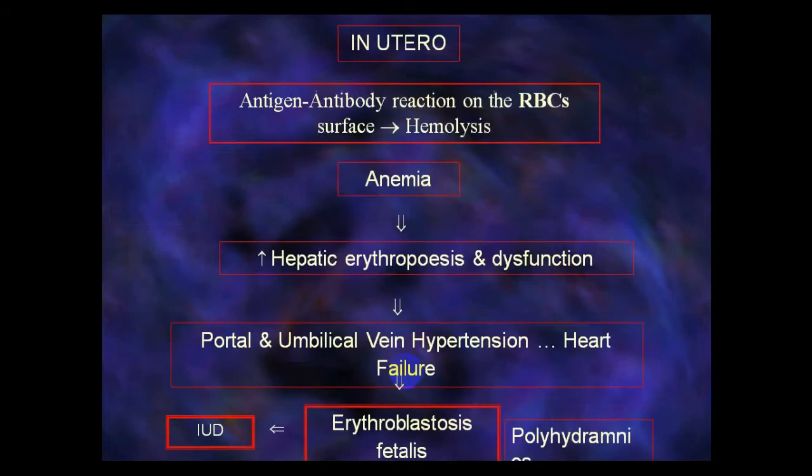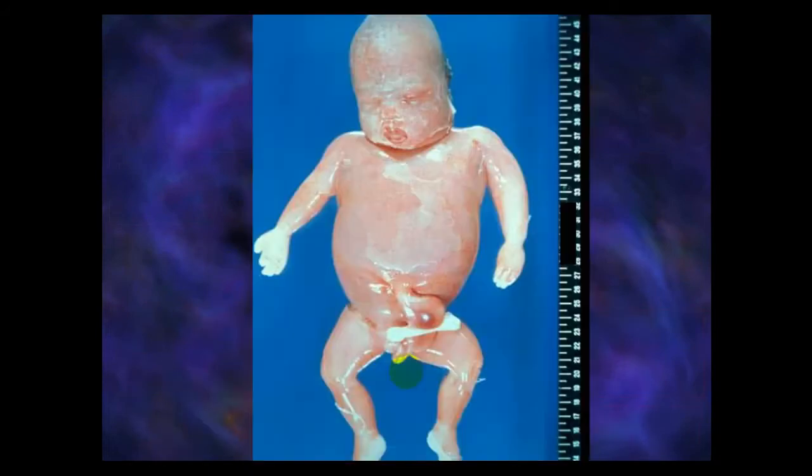In utero, what happens to the fetus? This is a picture of erythroblastosis fetalis.